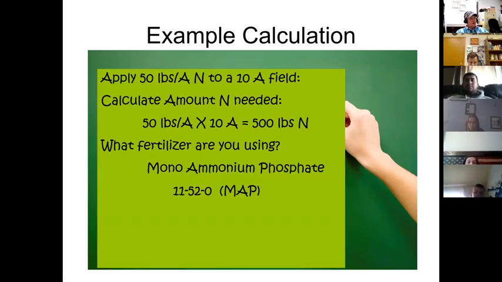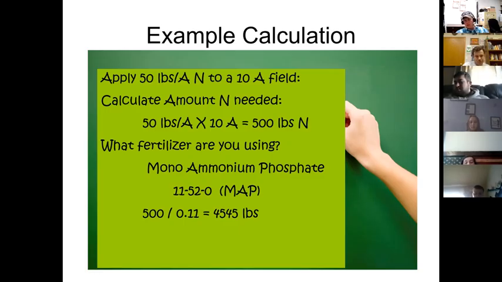Now let's switch things up a little bit. We still need to put on our 500 pounds of nitrogen, but now the fertilizer product that we're using is monoammonium phosphate, which is MAP 1152. In this case, we've only got 11% nitrogen, so we actually have to put on 4,545 pounds of 1152.